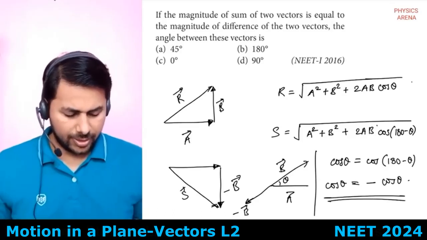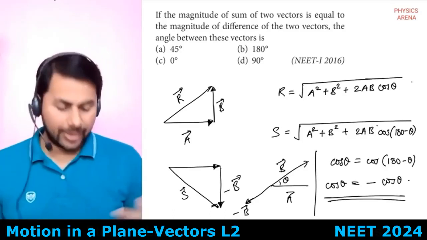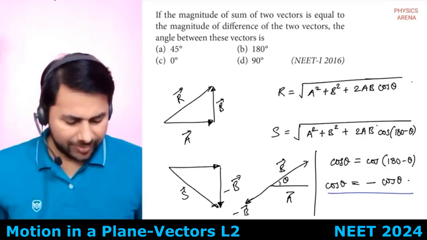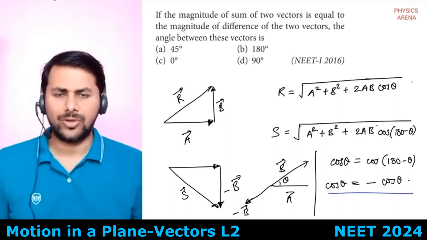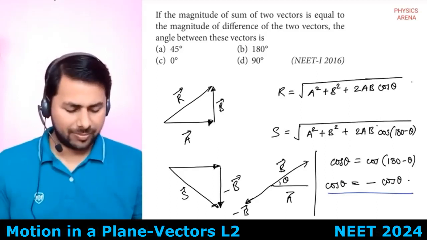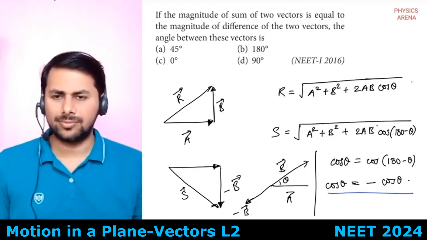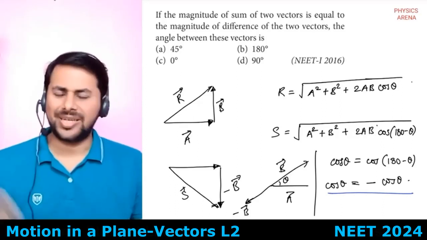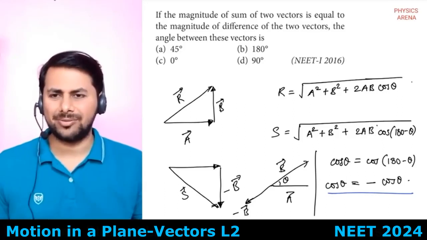Okay, so when will these two be equal? A number is equal to the negative of that number. For which number is it true? Can I say half is equal to minus half? No, sir.